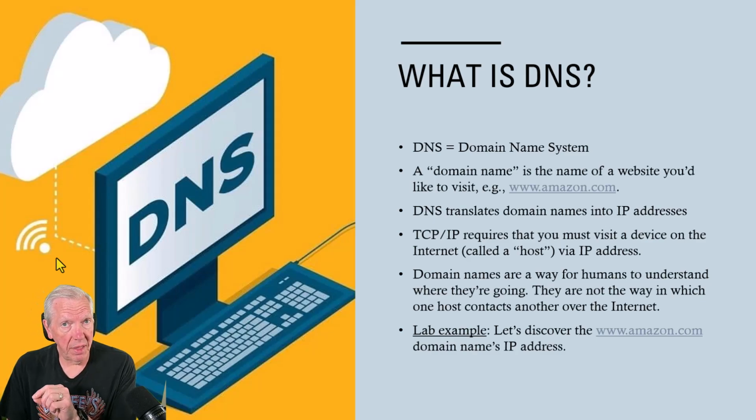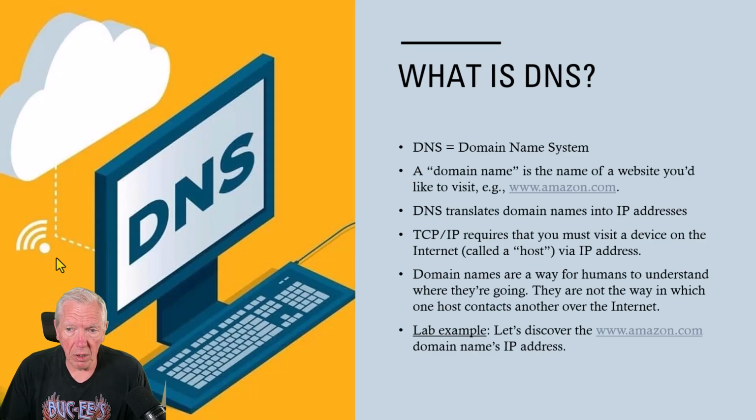Now you can put things on the front of a domain, so you can have subdomains. For example, you could have mail.google.com, chat.google.com, or whatever it might be, and calendar.google.com, and so forth. So those are subdomains to a primary domain.